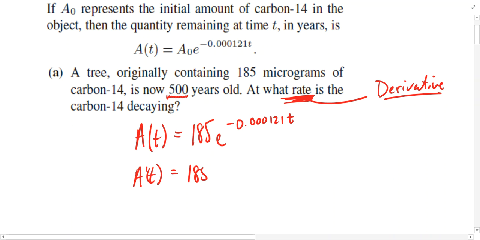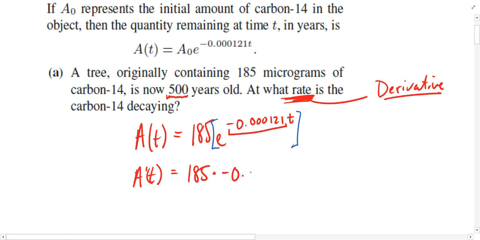I've got 185 that's acting as a constant, and I've got this other function, e to the kt power. So I'm going to use the formula from our formula rules to compute that derivative. That rule states that this k value, this multiplier times our independent variable, comes down to the front.